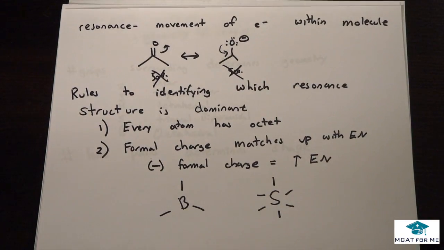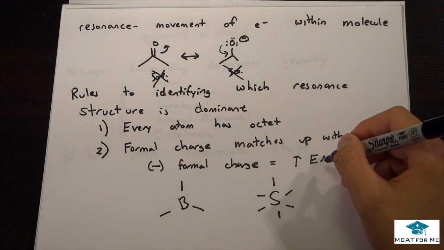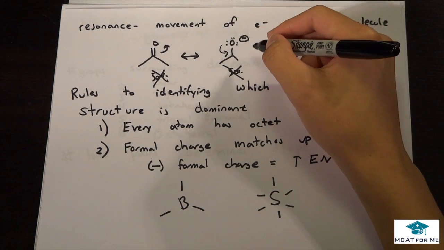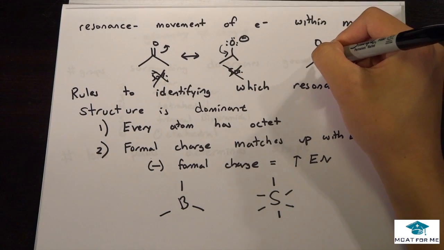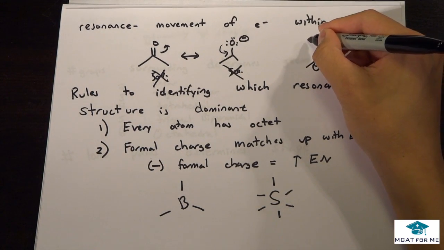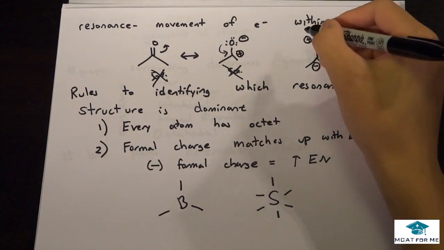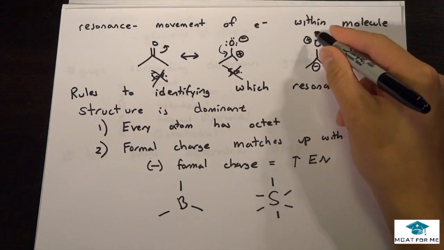Probably not. And the next thing to determine which is dominant is, does the formal charge match up with the electronegativity? And what do I mean by that? For example, we could potentially have this as another one, right? We could have these electrons going down. So right now we see it like that, right? Potentially we could have this electron go down and we have negative and positive.